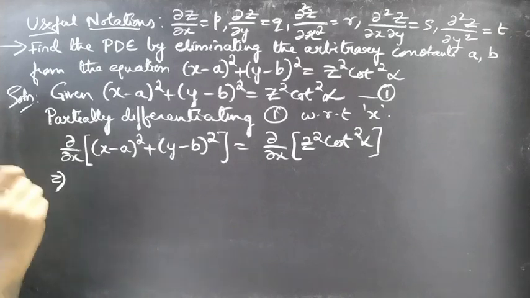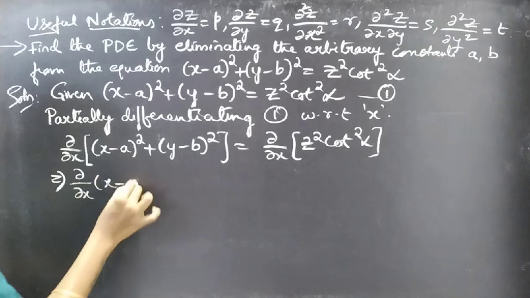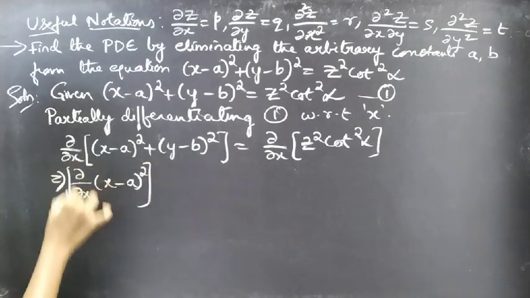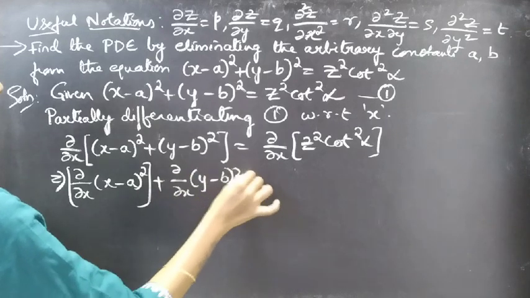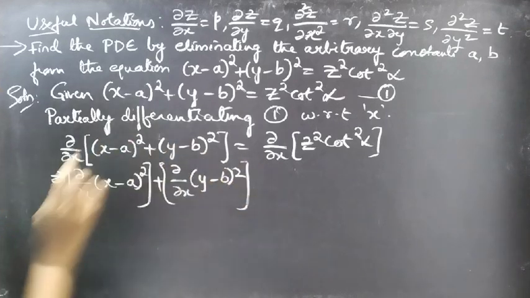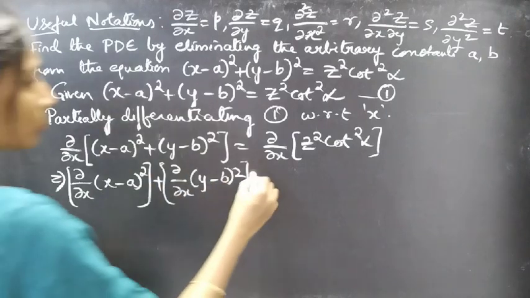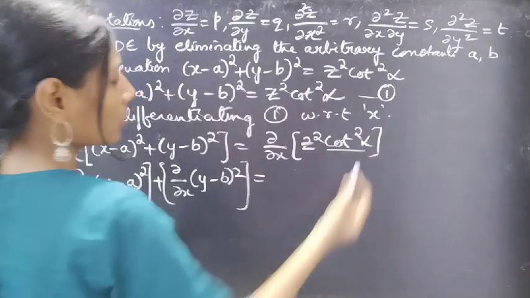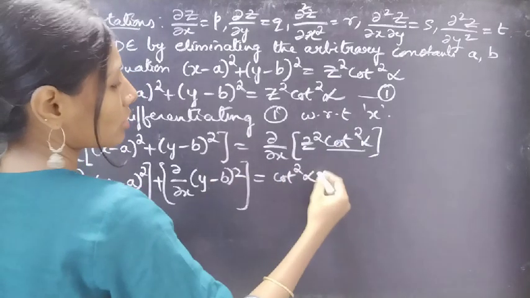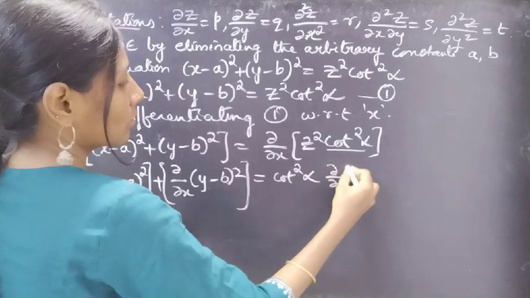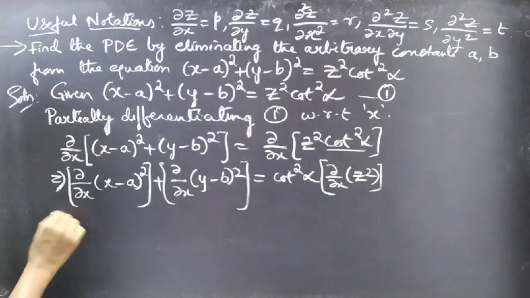So we'll write this as the partial derivative of the first term, plus the partial derivative of the second term. In the second term we don't have any x. y and b are considered as constants, and here cot square alpha is considered as constant, so we'll write it as cot square alpha into the partial derivative of z square with respect to x.